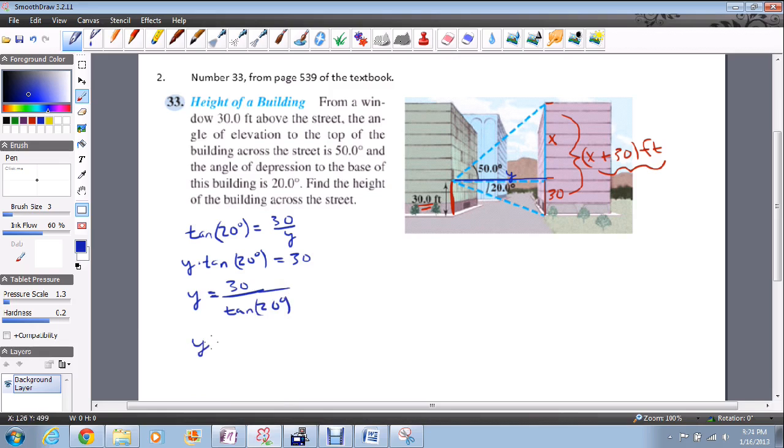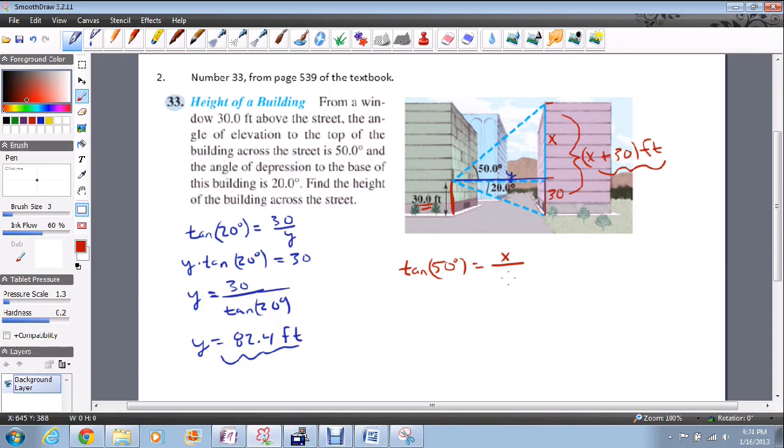So that's going to give us y is equal to 82.4 feet. I'm not going to circle that because that's not our final answer. We still need to figure out what x is. So now I'm going to use the y and the 50 degrees in the top triangle. I'm going to say now tangent of 50 is equal to x divided by y.